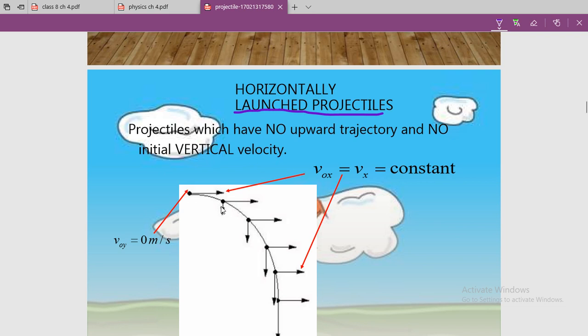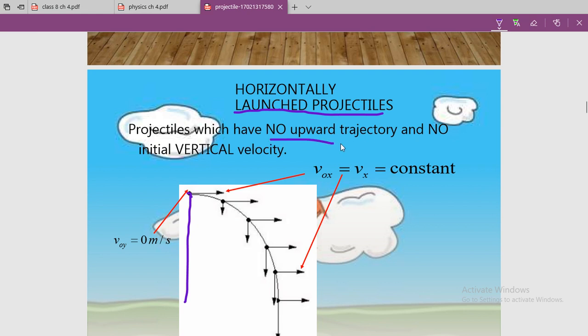Suppose you are on the roof of some building, and you throw a projectile in a horizontal direction, that is horizontal to the earth's surface. These projectiles satisfy the condition, that is, they have no upward trajectory.